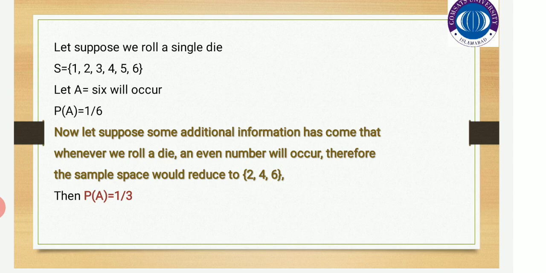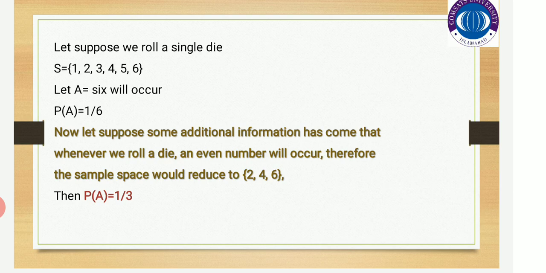Now, as we got additional information that the outcome is an even number, so it will definitely affect our probability of an event which we described as A, and it is equal to 6 will occur.